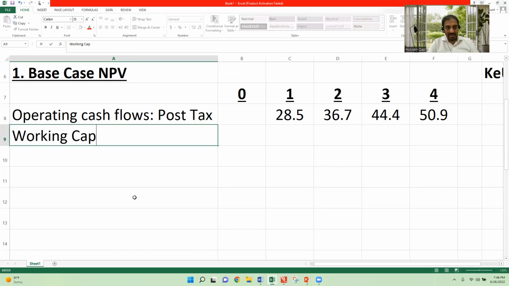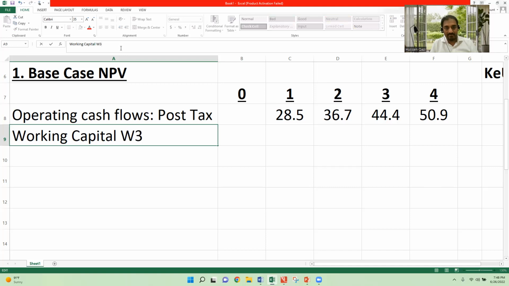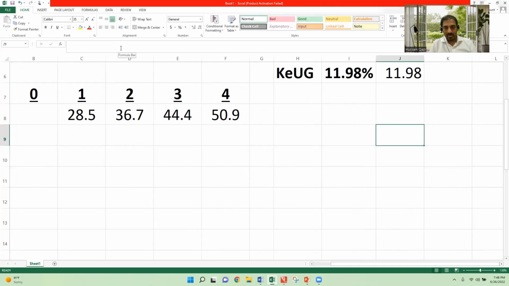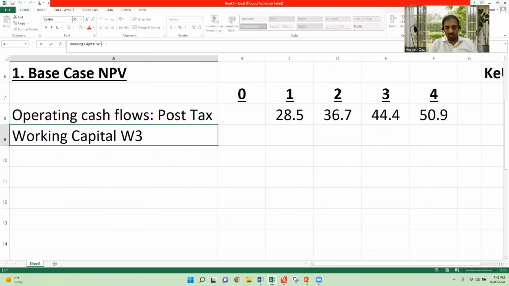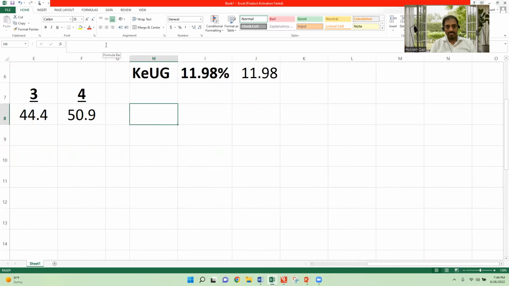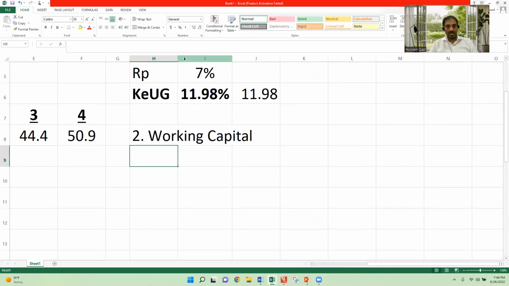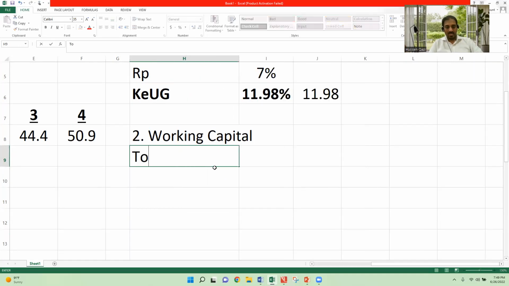Now the other one, working capital. Here you have to mention the working capital, working 3, sorry, working 2, that is total and incremental.